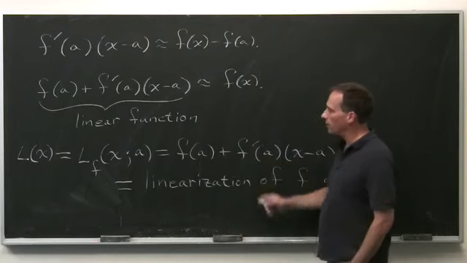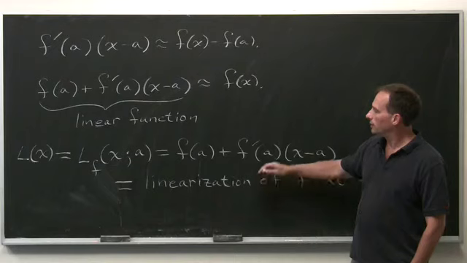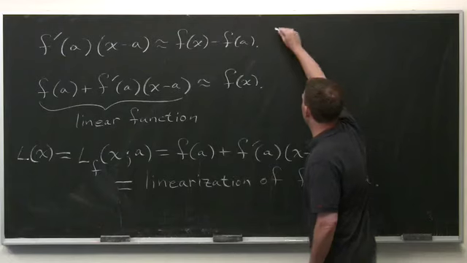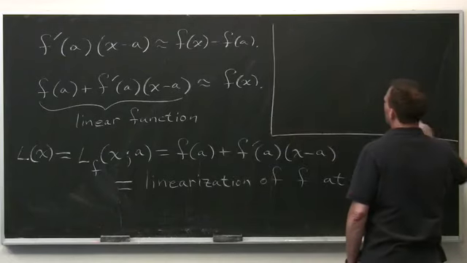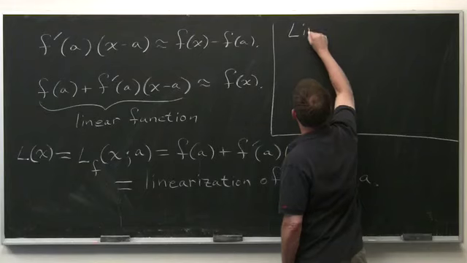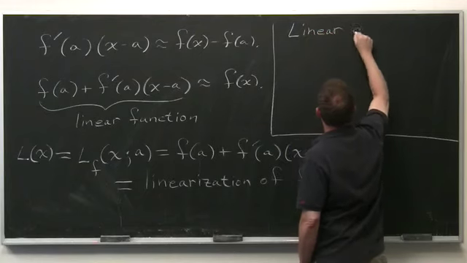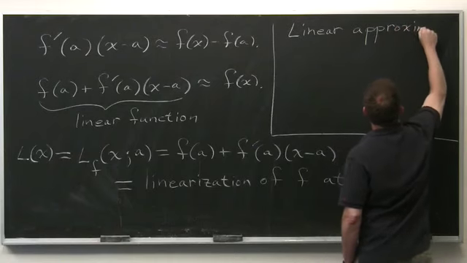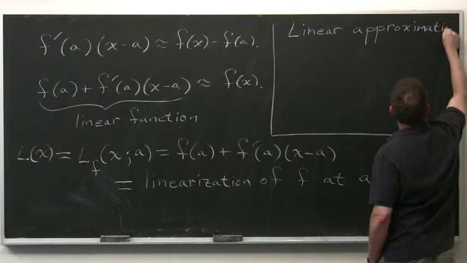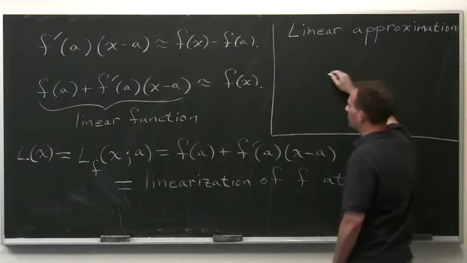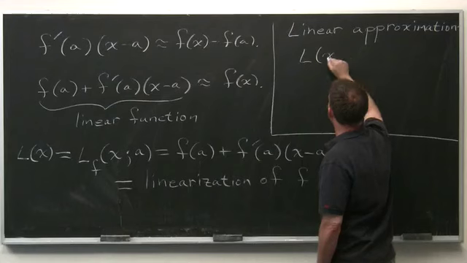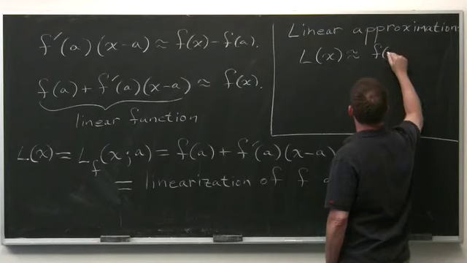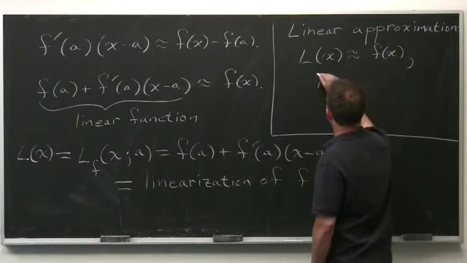This simple function, and the whole point is that at least for x close to a, that's the linearization, the linear approximation, is just that this linearization should be approximately f of x if x is close to a.